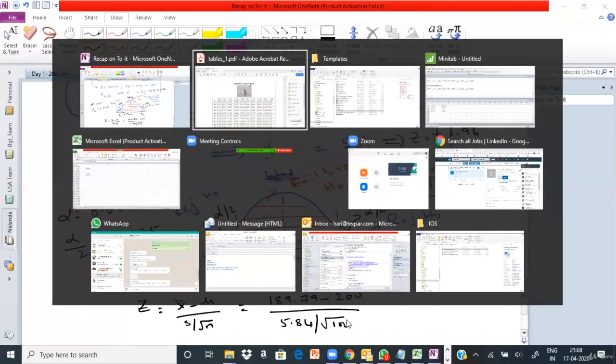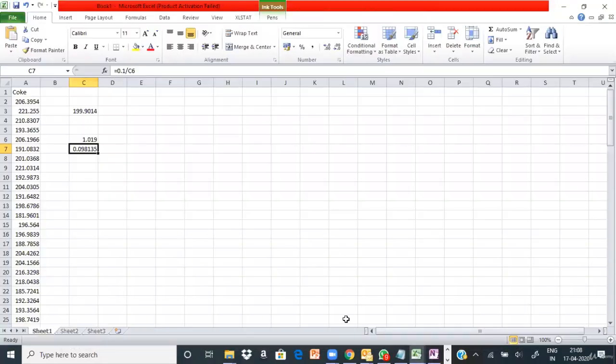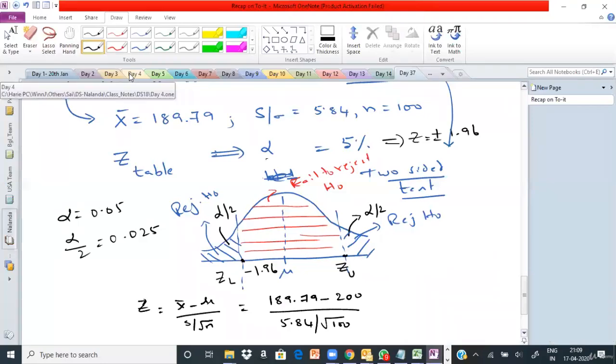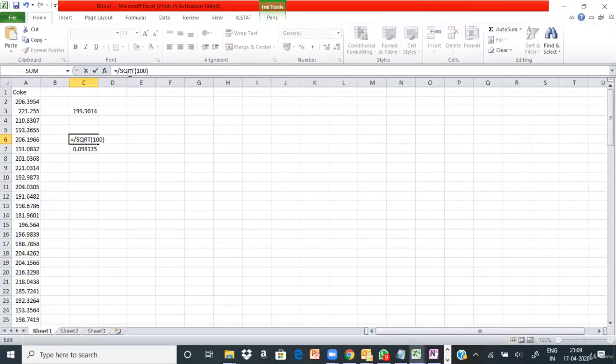Let us calculate this value. 5.84 divided by square root of 100 is this.